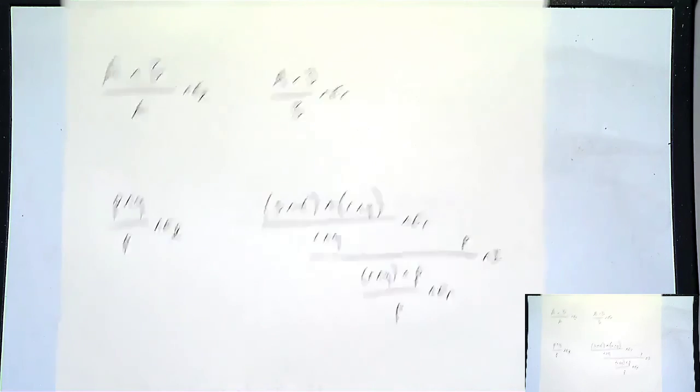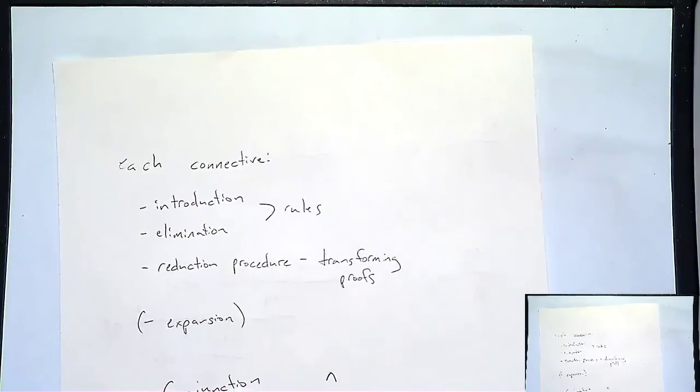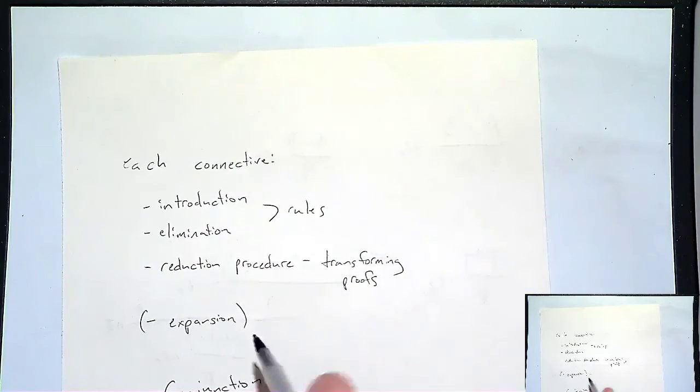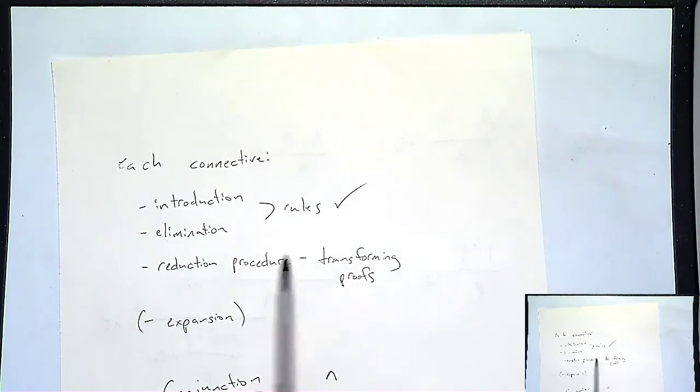Sweet. Okay. So, as I said, for each connective, we're going to be looking at rules that allow us to build proofs. Check. And we're going to look at a reduction procedure that allows us to transform proofs. So some proofs, not all proofs, but some proofs are possible to do what we'll call reducing to.